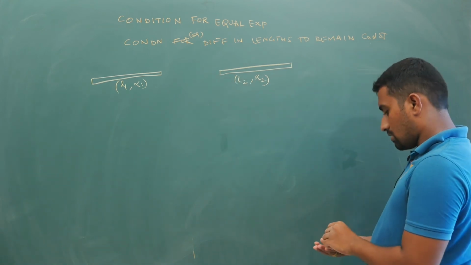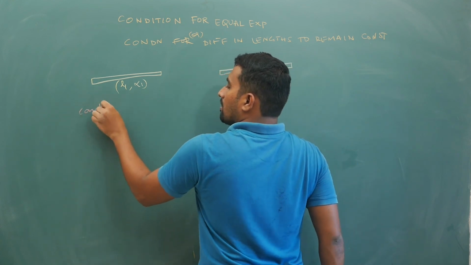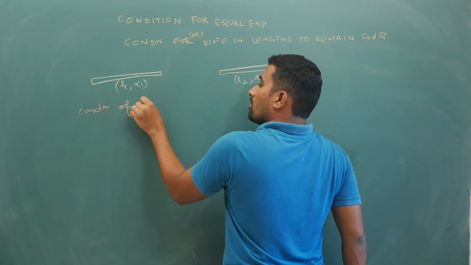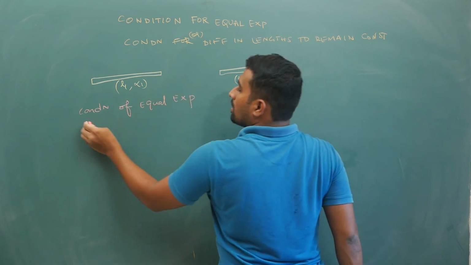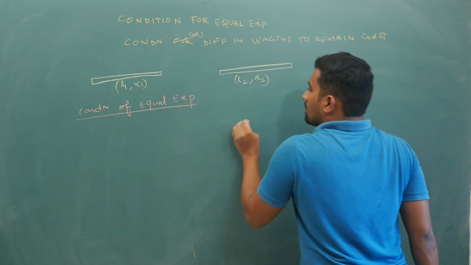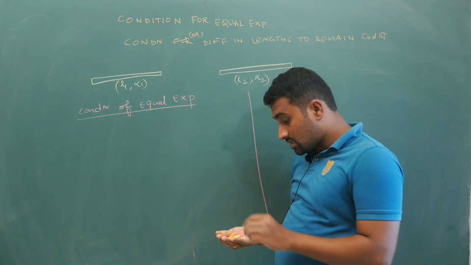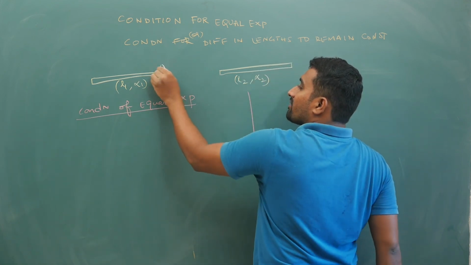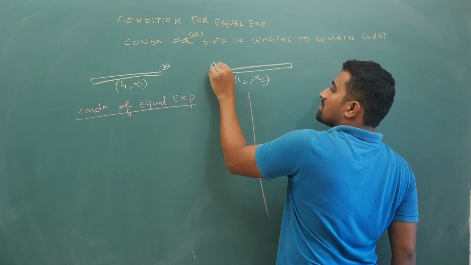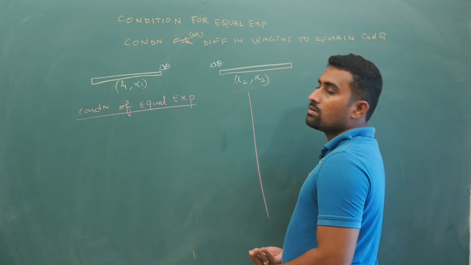Now first, I am talking about the condition for equal expansion. In this case, if there is equal expansion, of course you have to bring the same temperature difference. If you bring a different temperature difference, obviously things will be different.